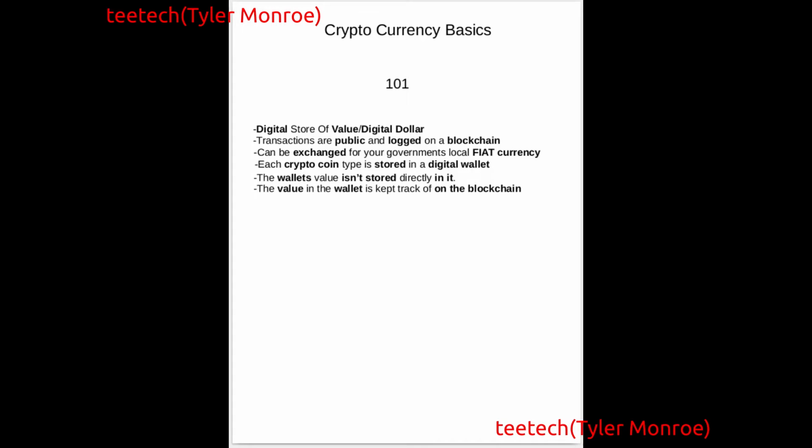And there are other mechanisms that allow the currency to move between wallets. So when you think wallet, that's what stores your crypto coins, and the value of it is maintained and monitored by the blockchain. All right? Because if we didn't have that, it wouldn't know if you had moved that crypto to another wallet and things of that nature.